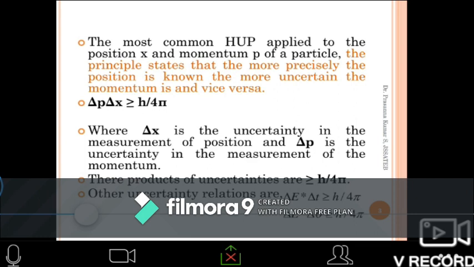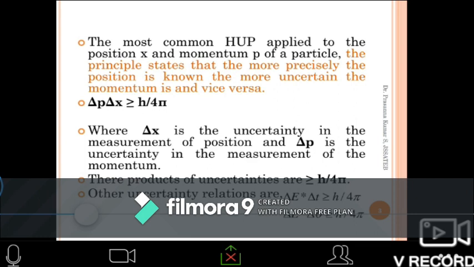Take the product of their uncertainties, it is always greater than or equal to h by 4 pi. I told you if it is equal to 1, the measured values are certain. Mathematically and physically, they would become certain values. Since it is greater than or equal to h by 4 pi, it is uncertain, and both of them cannot be measured certainly and simultaneously.